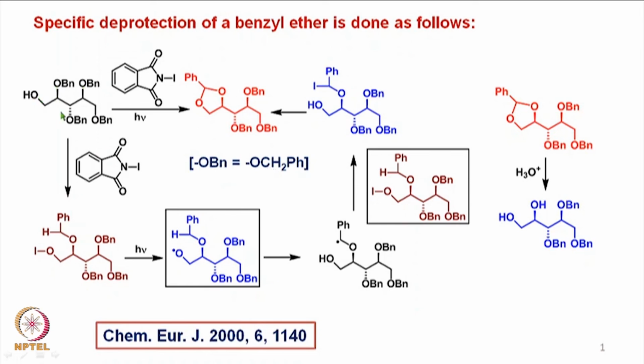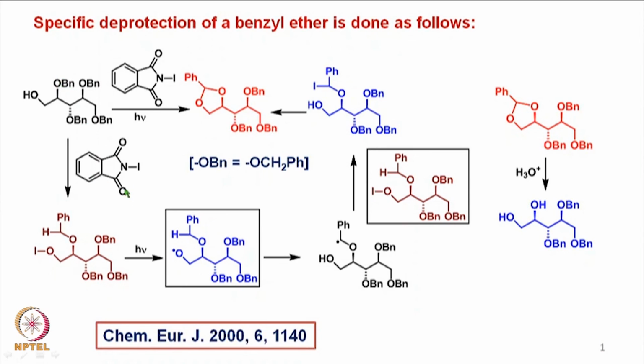If we have these 4 types of benzyl ether present in this molecule, and if we want specifically this particular O-benzyl group to be deprotected to form this diol, then this hypohalite based chemistry under photolytic conditions allows the formation of this ketal, which can be hydrolyzed under acidic conditions to give this diol, which is the result of a specific deprotection of this particular benzyl group.